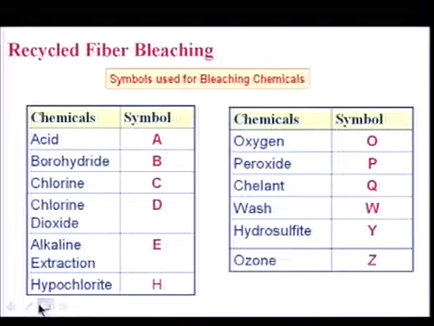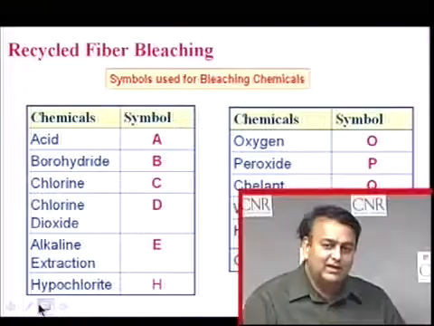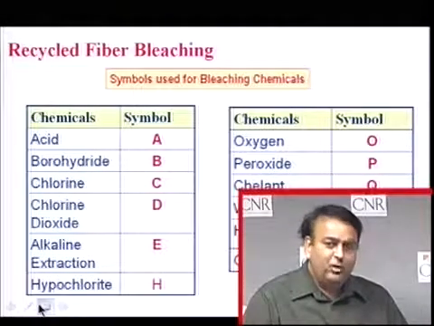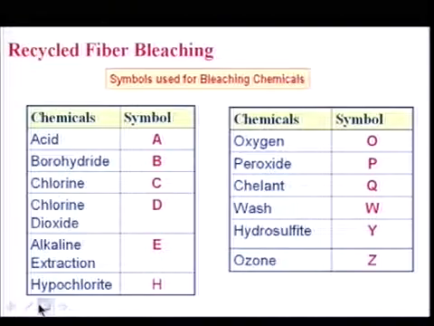Sometimes people use the letter F for FAS chemical, Formamidine sulfonic acid chemicals, and also O for oxygen and P for peroxide. The letter Q is used for chelate for fixing the metal ions. The letter W denotes the washing stage between the bleaching stages.